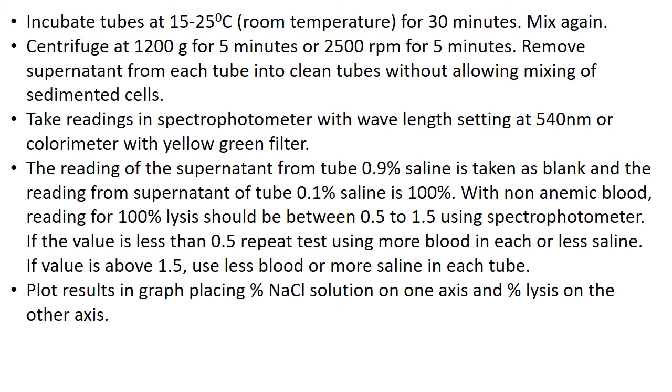If the value is above 1.5, use less blood or more saline in each of the tubes. Now plot the results in a graph, placing sodium chloride concentration on the x-axis and percentage of lysis on the y-axis.